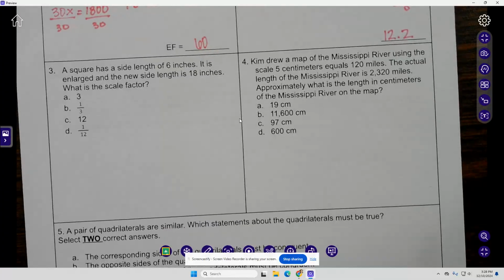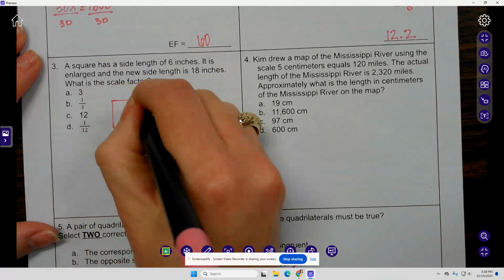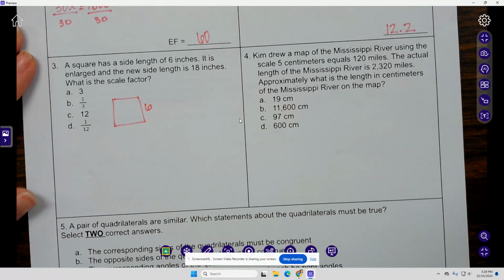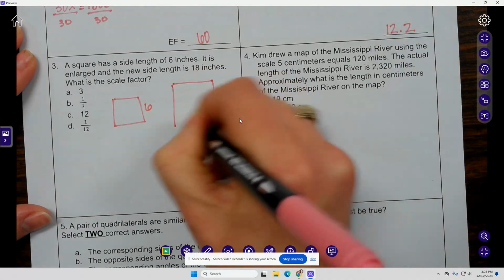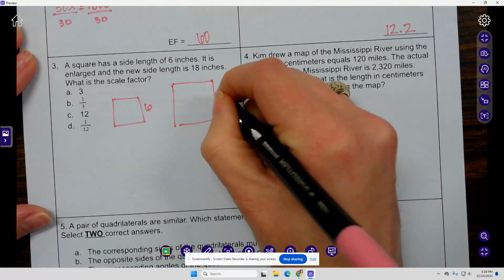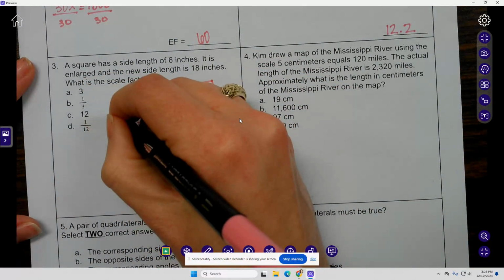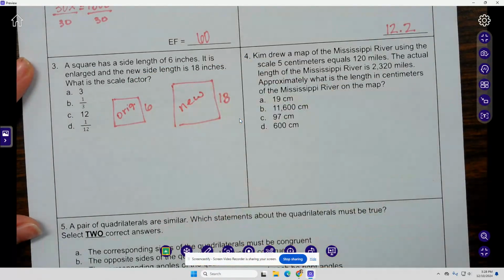Number 3, a square has a side length of 6 inches, so I'm going to go ahead and draw that. So here's my square, a side length of 6 inches. It is enlarged, and the new side length, so I'm going to draw a new square, is 18 inches. What is the scale factor? So essentially, here is your original, and here is your new figure.